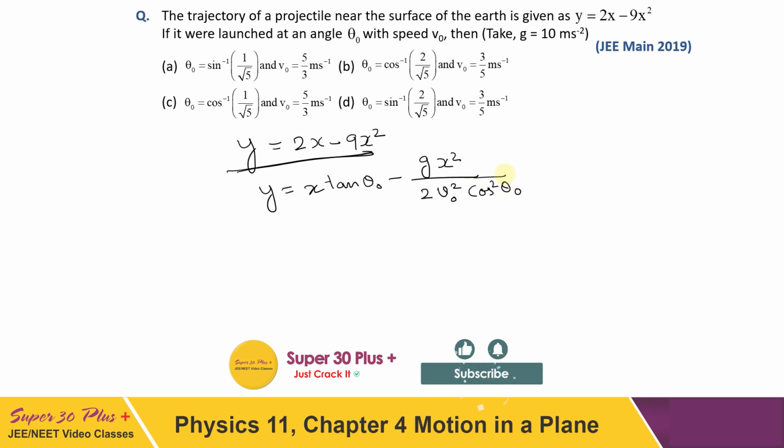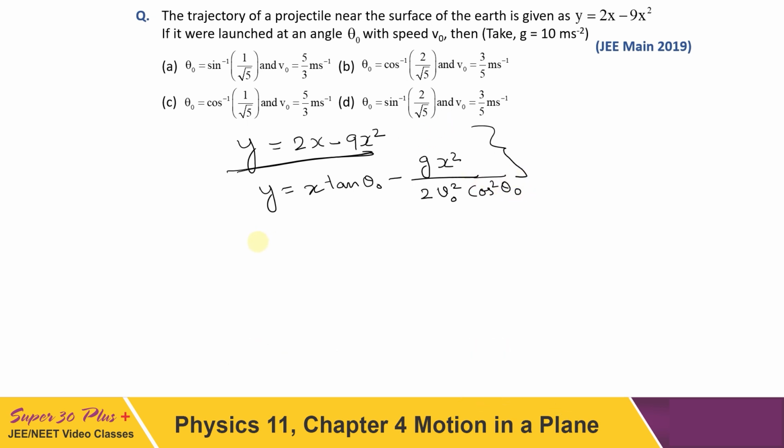If you compare these two, then it can be written that tan theta naught should be equal to 2, and g upon 2 v naught square cos square theta naught is equal to 9.